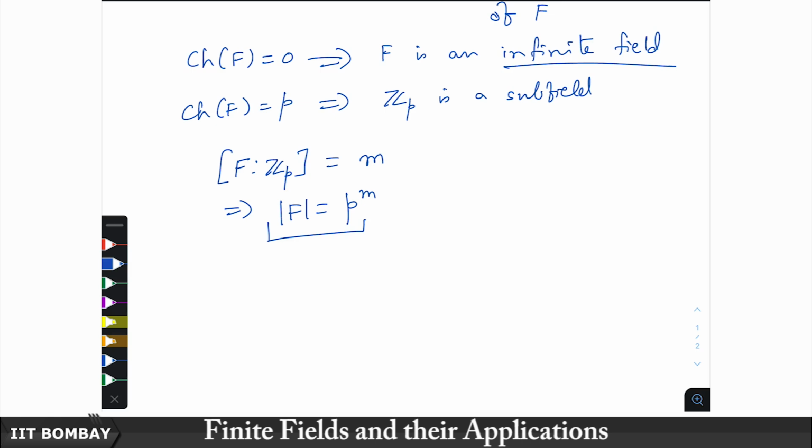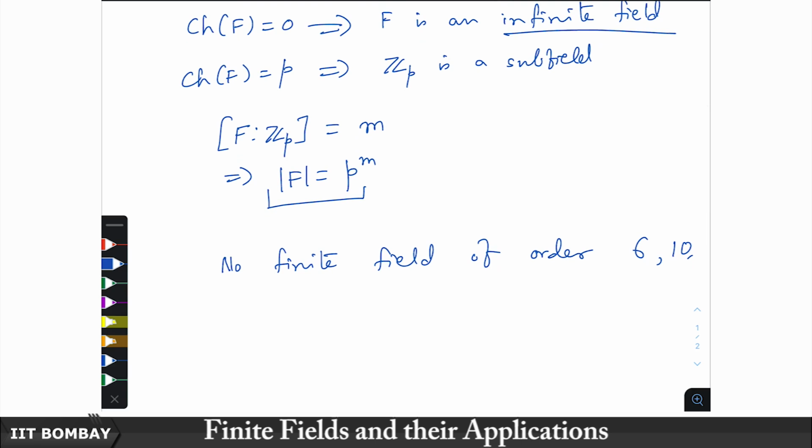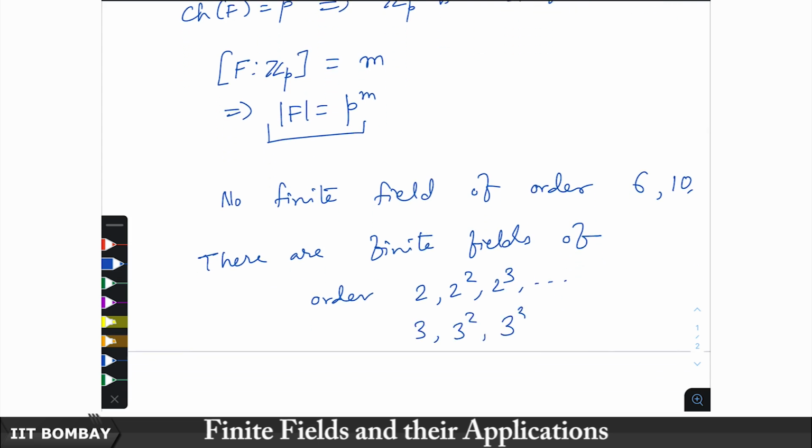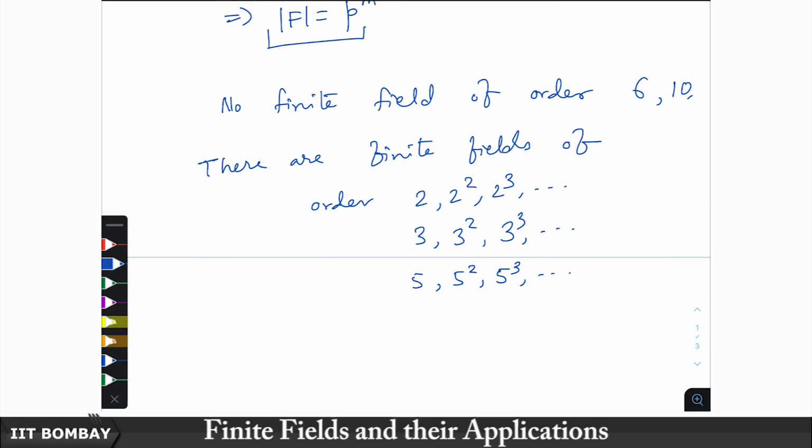For example, there is no finite field of order 6 or 10, etc., which are composite numbers, whereas there are finite fields of order, for example, 2, 2 square, 2 cube, etc., or 3, 3 square, 3 cube, etc., or the next prime number 5, 5 square, 5 cube, etc. For all prime powers, there are finite fields of those orders. Now, this statement we need to prove.